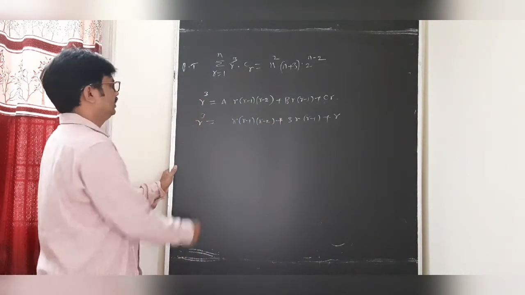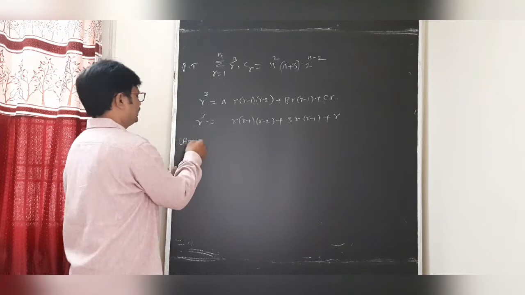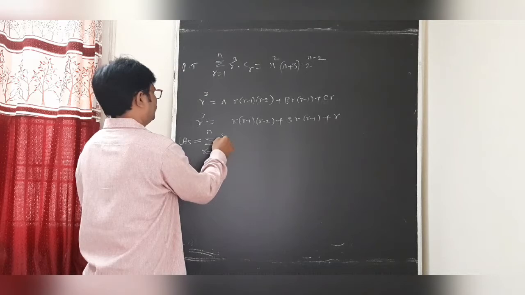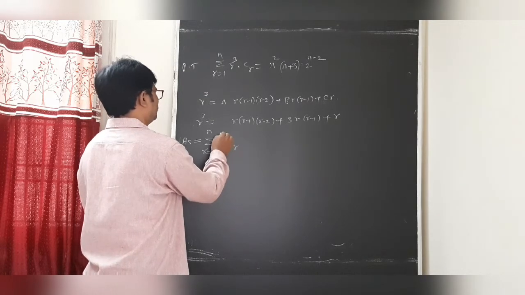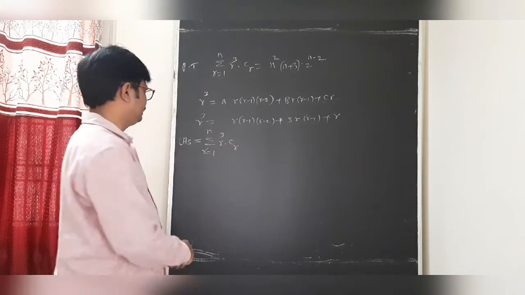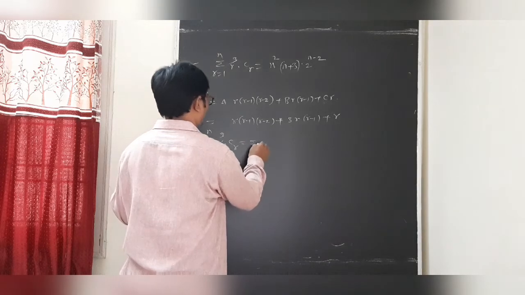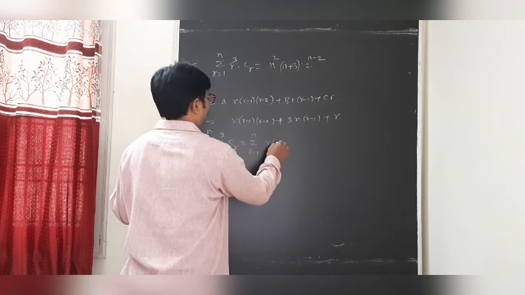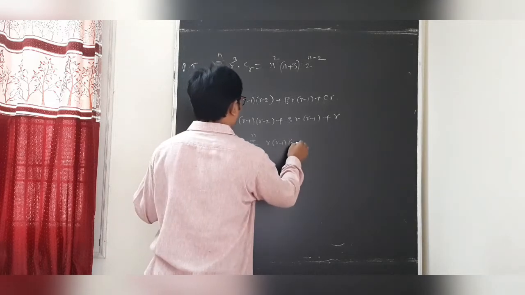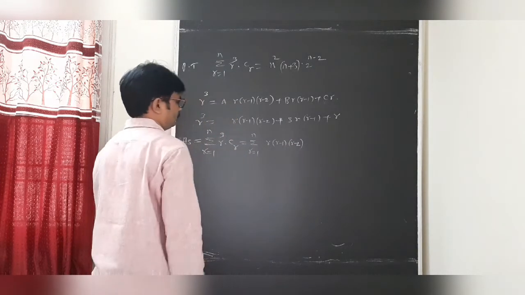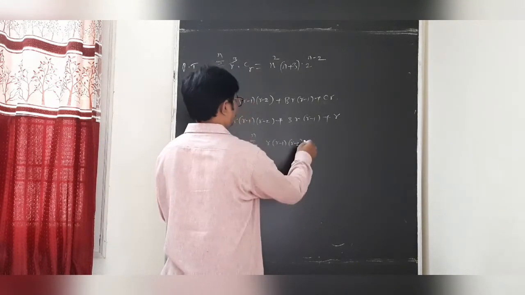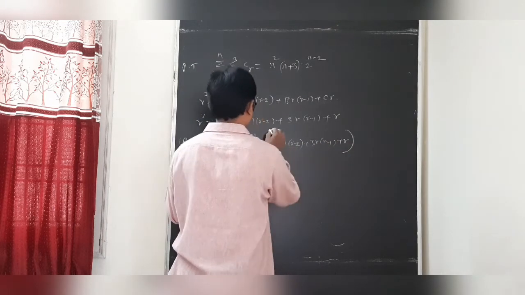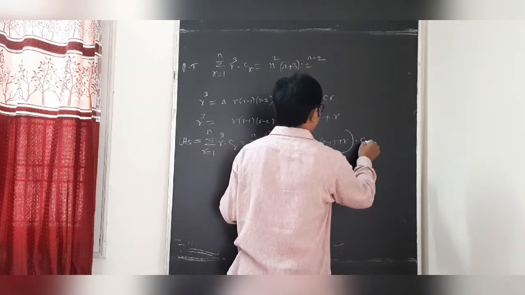Now students, the left hand side is sigma r equal to 1 to n r cube into cr. For r cube, just now we found r into r minus 1 into r minus 2, that is the r cube. After that 3r into r minus 1 plus r, into cr.